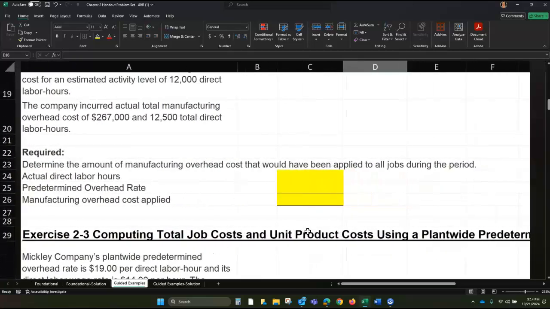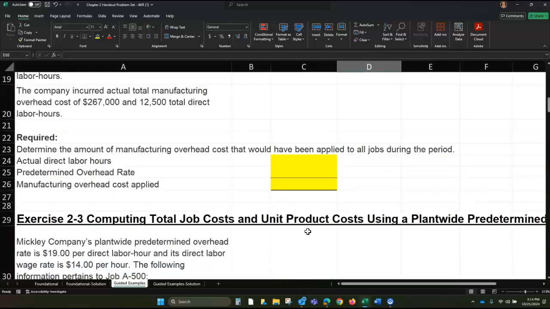So let's take a look at the question. Determine the amount of manufacturing overhead costs that would have been applied to all jobs during the period. So we're trying to figure out actual applied overhead.